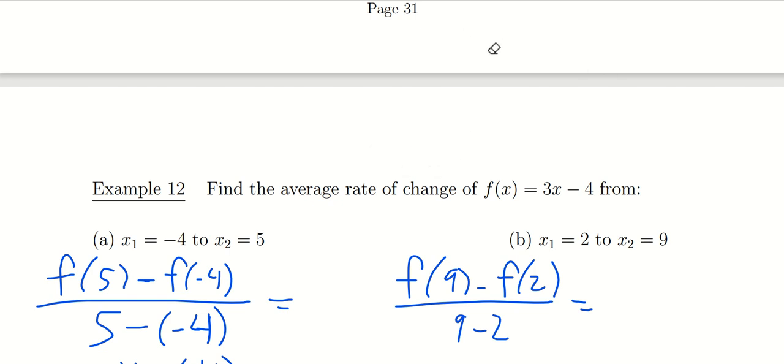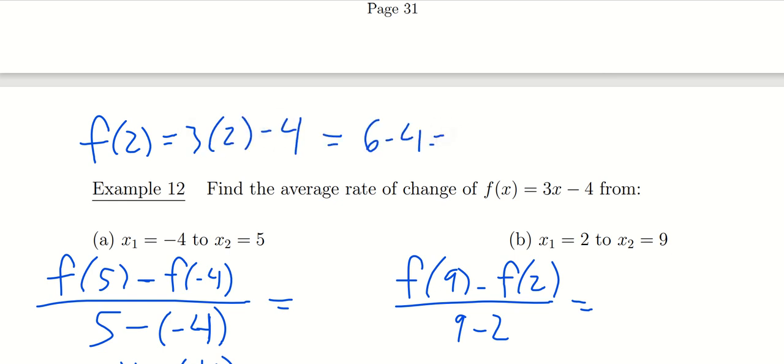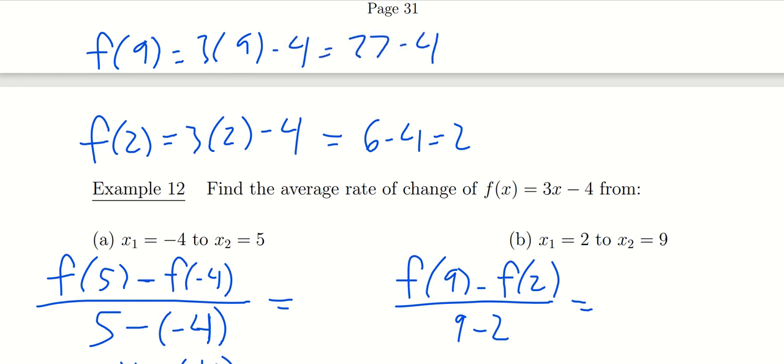So let's go ahead and work these out. So we want to find the value for f at 2. F at 2 is equal to 3 times 2 minus 4, which is going to be 6 minus 4, which is 2. And f of 9 is 3 times 9 minus 4, which is 27 minus 4, which should be 23.